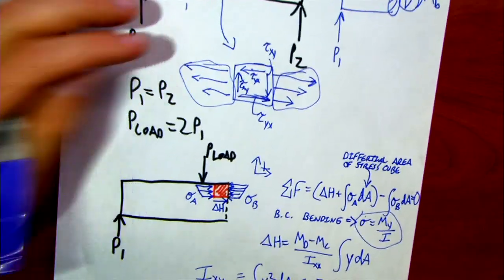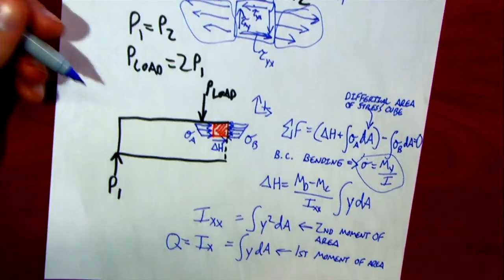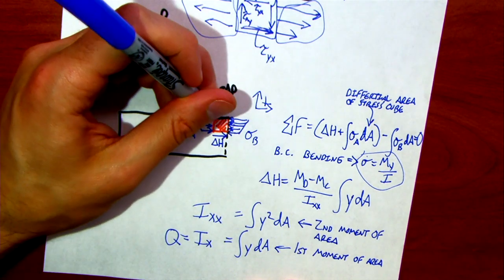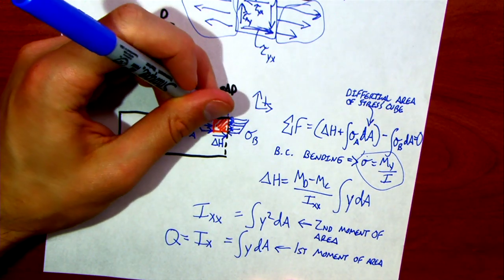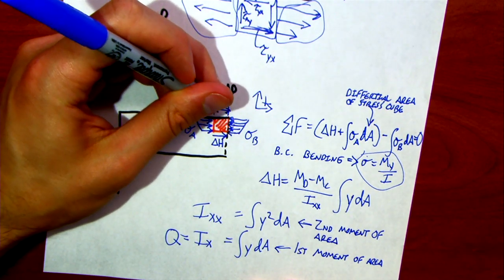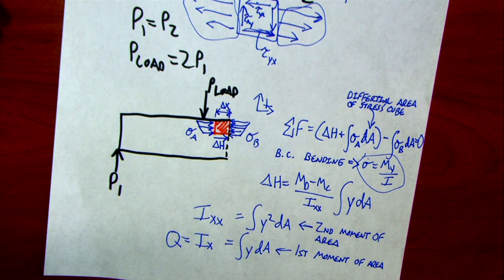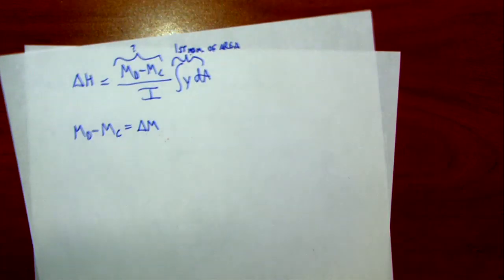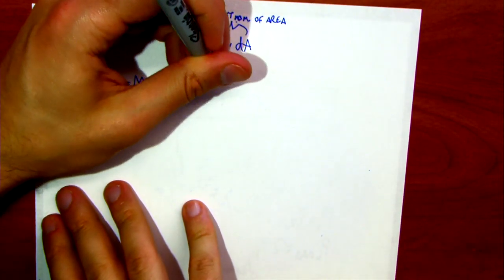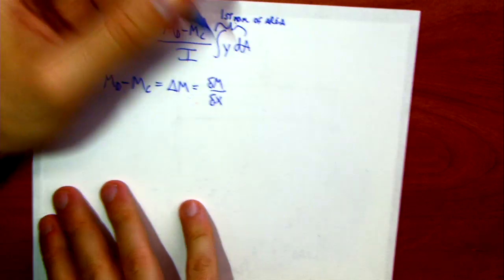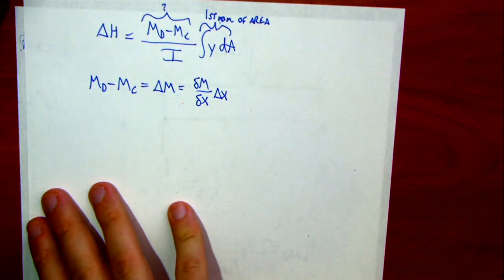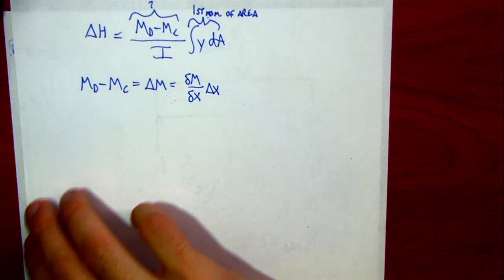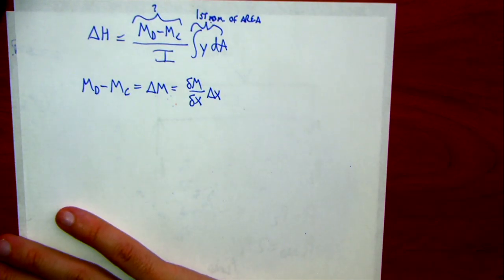This stress element is really just a little tiny block that has a differential length dx, right? So if I pop back over here, I know how moment changes with respect to x: dM/dx times dx is dM.